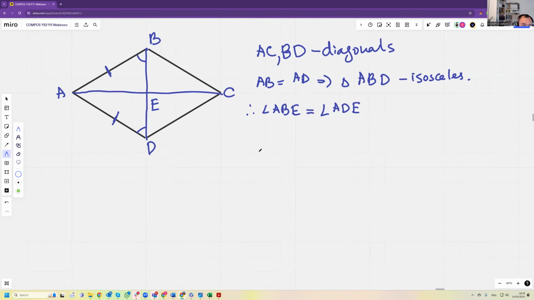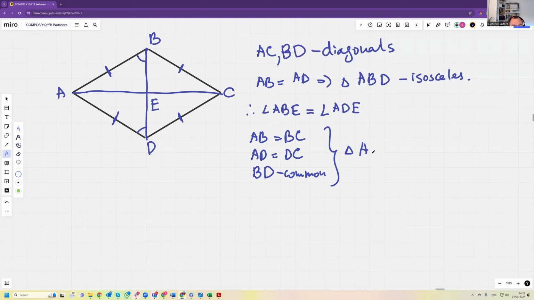Also, this side is equal to this side. And so then we can say AB is equal to BC, AD is equal to DC, and BD is common. Therefore, triangle ABD is congruent to triangle CBD.